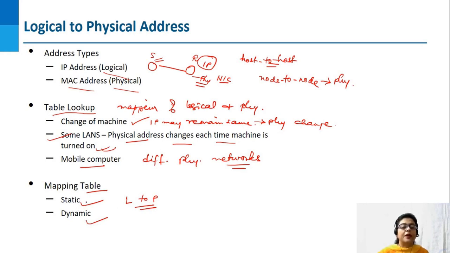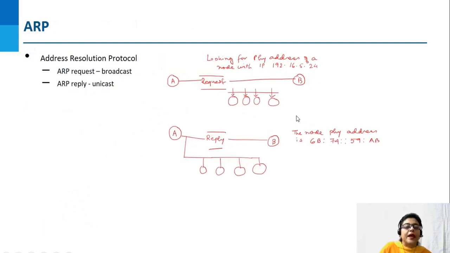So this is a drawback of the static mapping table. Whereas in dynamic mapping table, there is a change in the mapping from the logical to physical addresses dynamically and on demand basis.